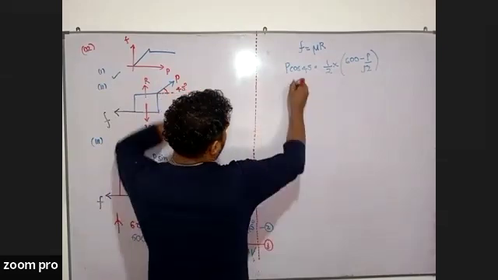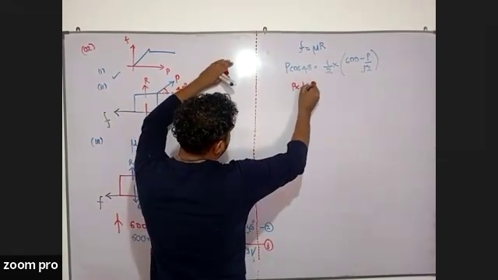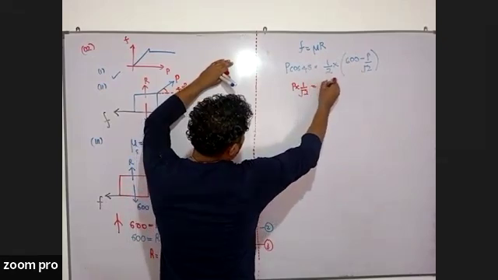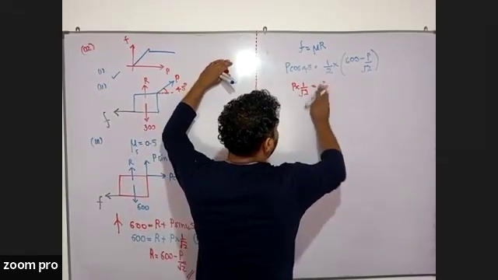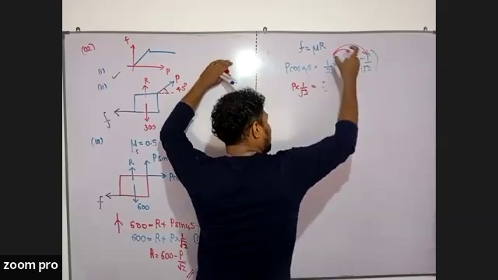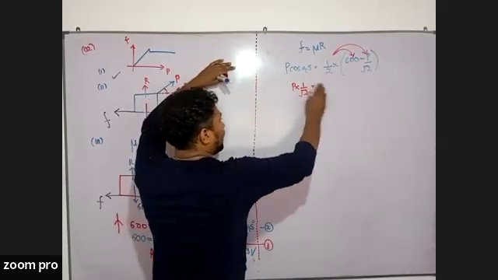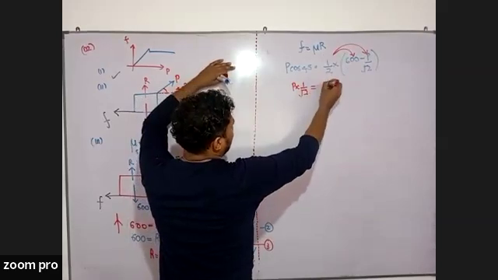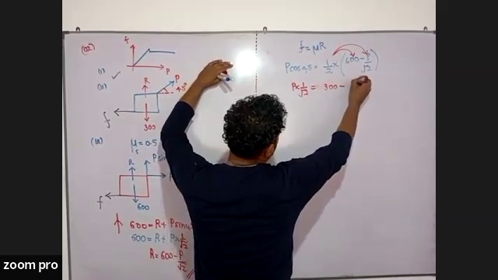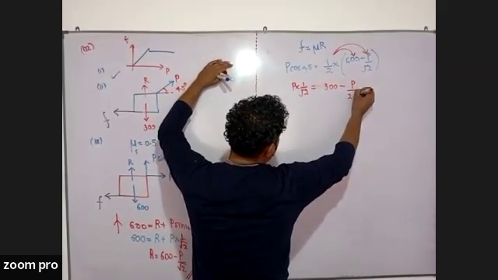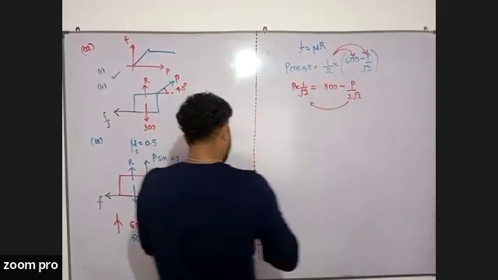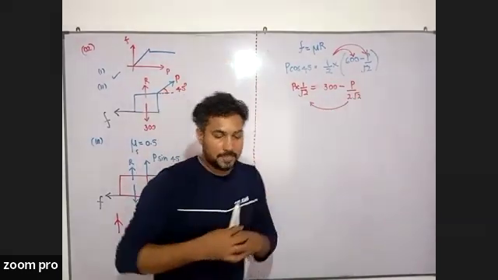Then P cos 45 means P 1 over root 2 equals half. So if I multiply these two terms inside the bracket by the half, then it can be obtained as 300 minus P over root 2. Right. So let's take this term to the opposite side, so we can make P the subject.